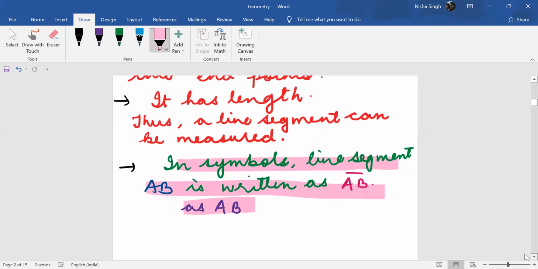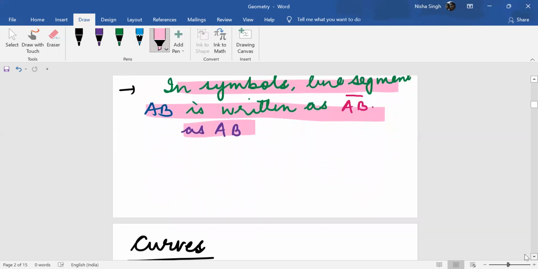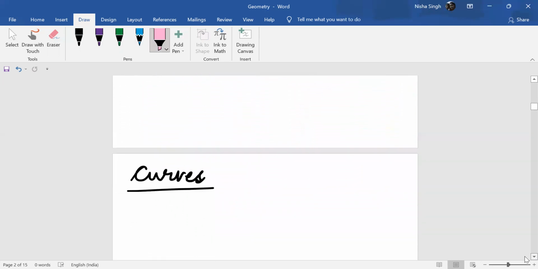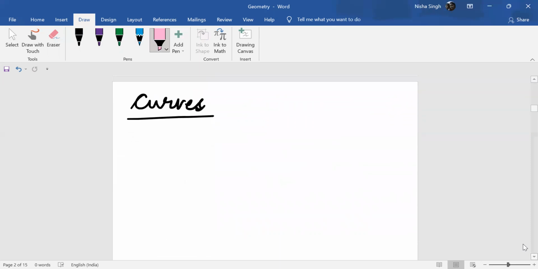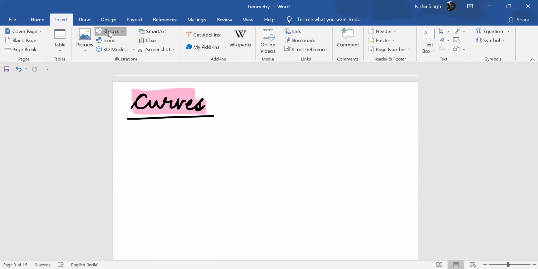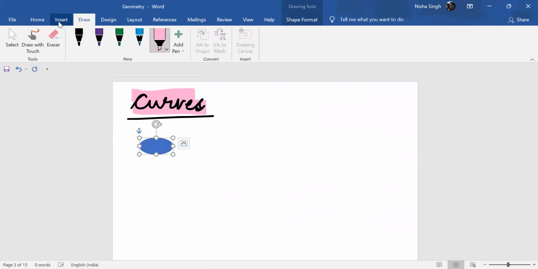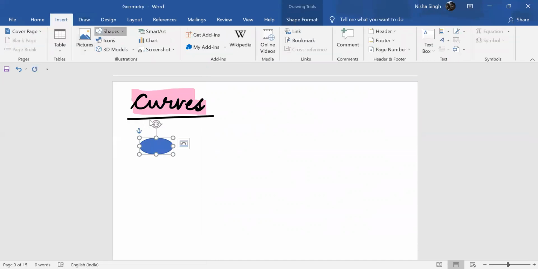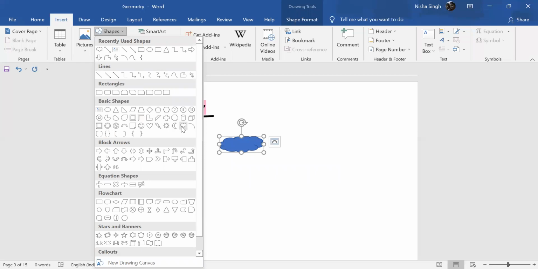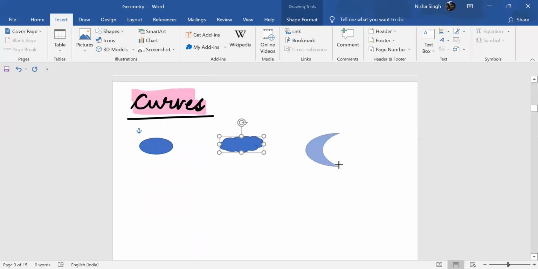So we have done line, we have talked about line segment also. Let's talk about curves. Okay, I'm making few shapes. So all these, what I'm making is curve.